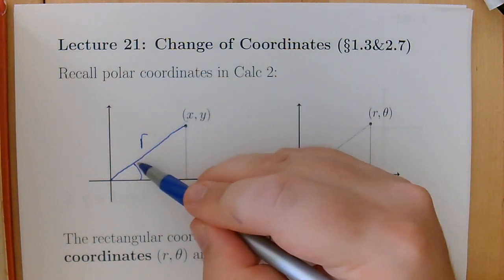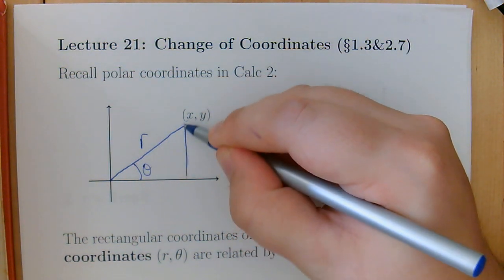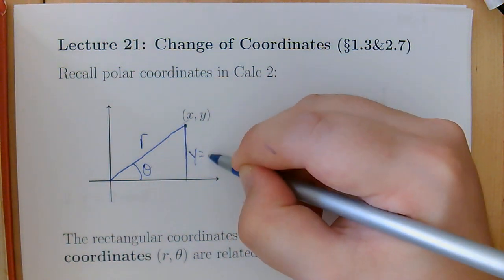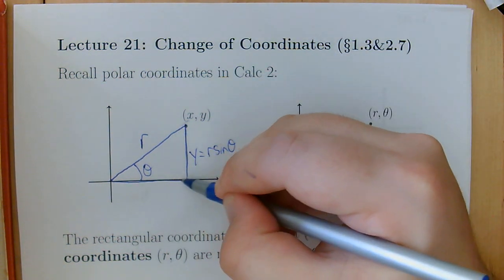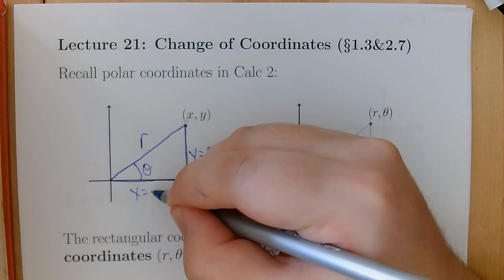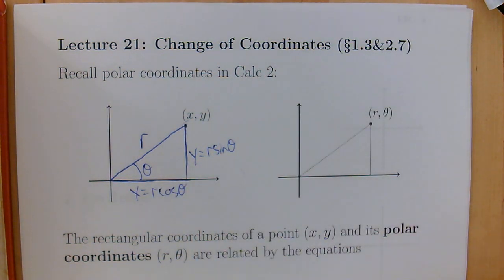If r is the hypotenuse and this angle is theta, then this vertical distance y will be r sine of theta, and this horizontal distance x will be r cosine of theta. So if you have x and y and you want those in terms of r and theta, this would be how you do it.